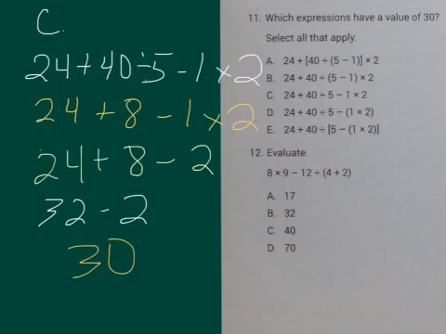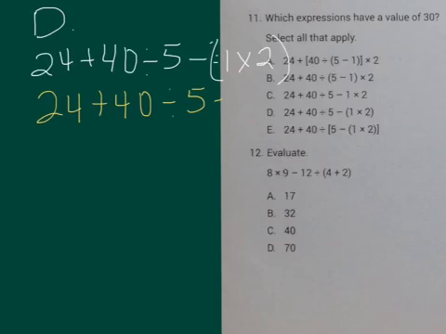So let's go ahead and work D out. Okay, so first off, we're going to work with our order of operations. We're going to say we have parentheses, so we're going to say 2 times 1 is 2. And then we're going to work from left to right, and then we notice that we have 5 divided by 40, and that is 8.